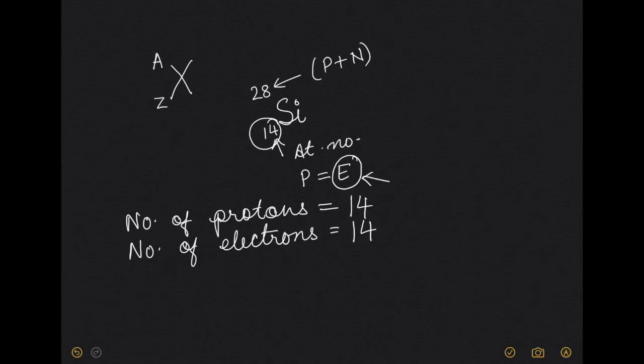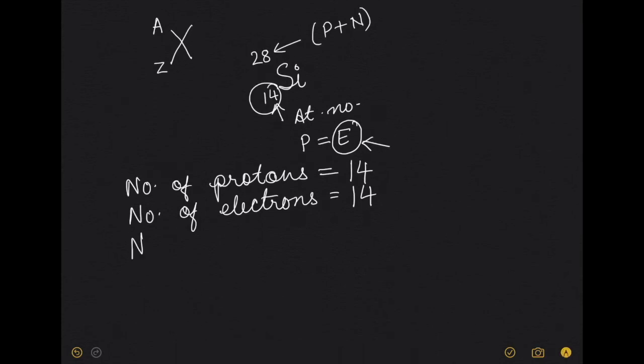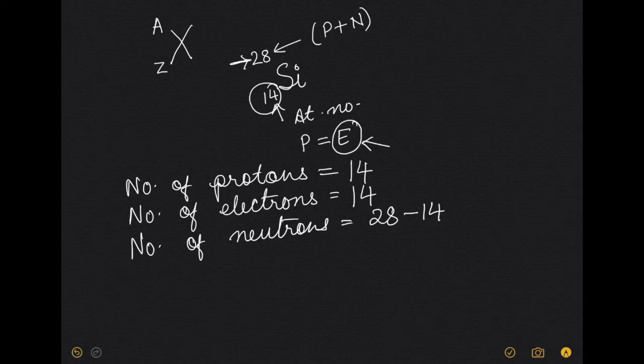Now supposing you are asked to find out the number of neutrons, what will you do? You will subtract 28 minus 14.